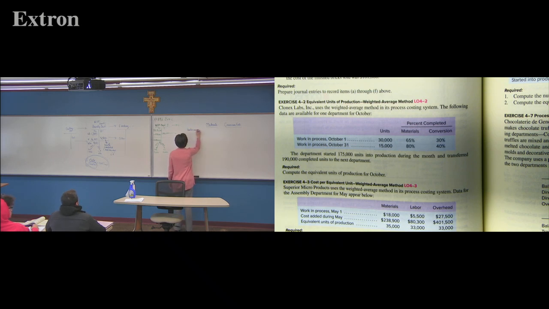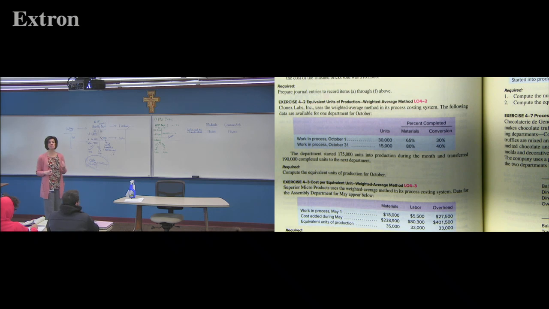Units completed and transferred out. That is given. What is that number? Which units were finished and moved out of that department? 190. Now, if those 190,000 units are leaving that department, that means that they're completed, right? 100% complete in terms of materials, labor, and overhead. So the equivalent units are the same for those. They are 100% completed. You start off with that.